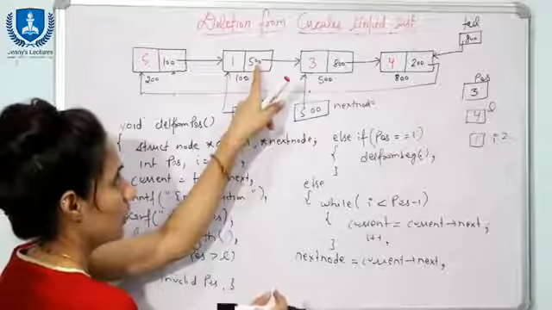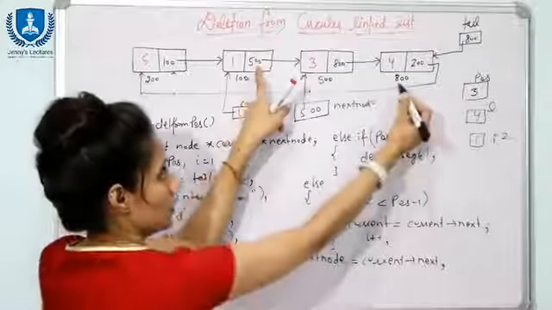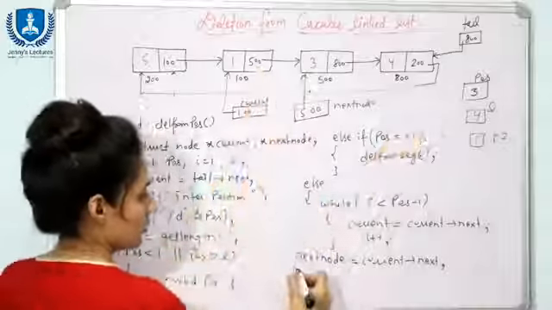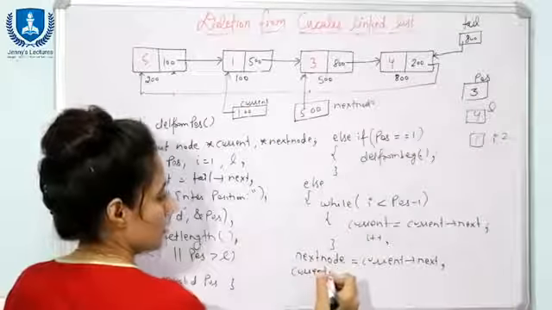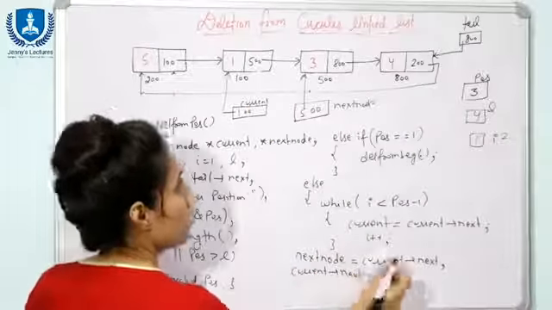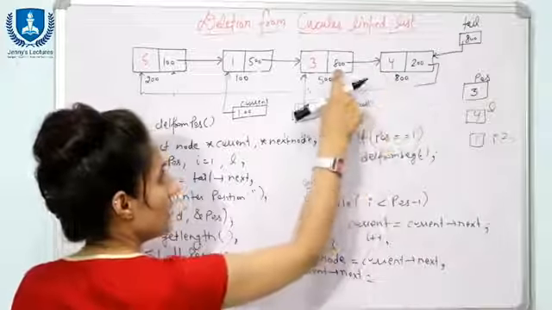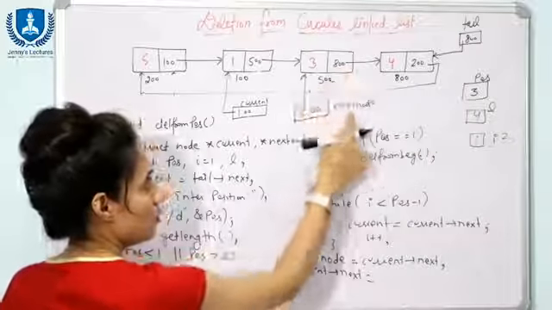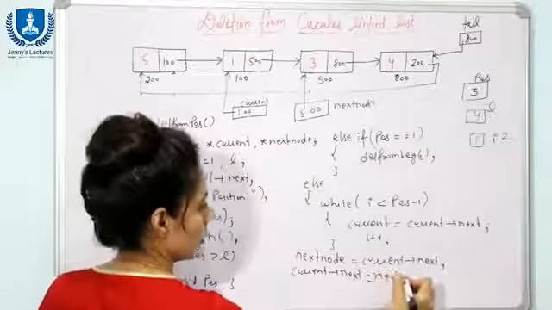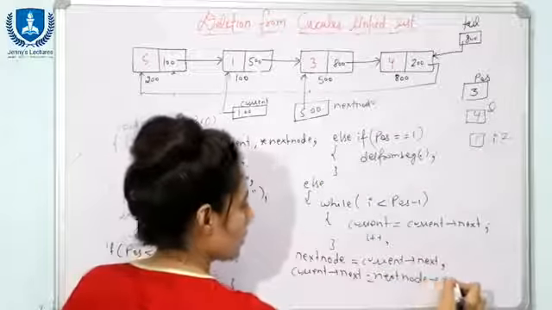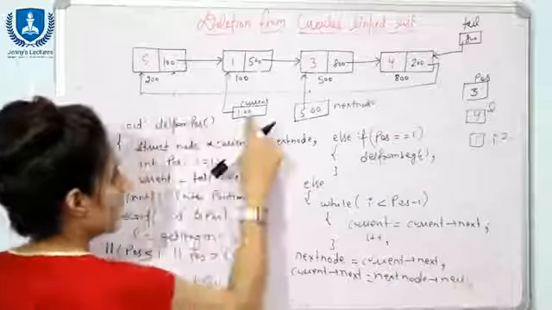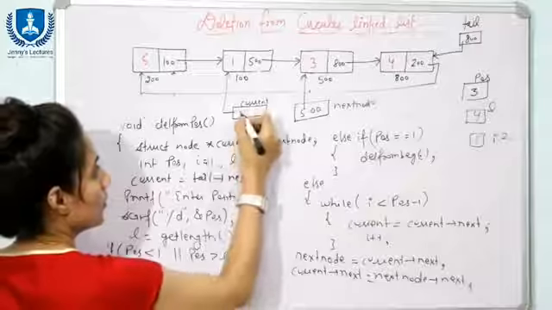How can you access this part? Here I want to store this address in current of next. So you will write current of next equal to, from where can I get 800 here? How can you access this node? We have already set a pointer, next node, next. So now here we have 800.